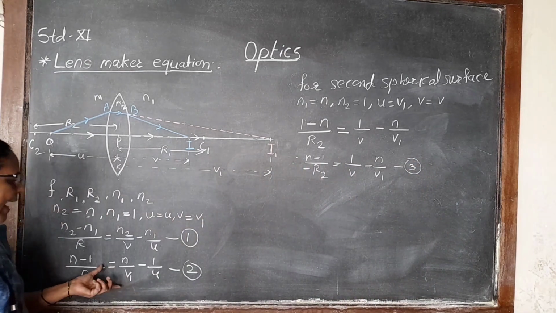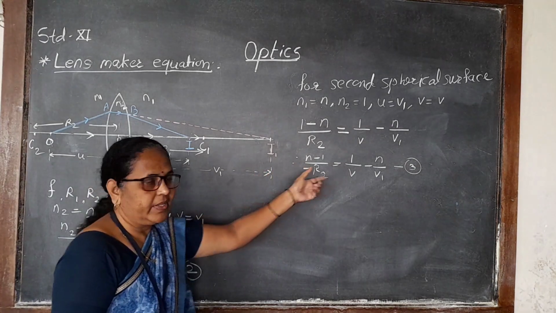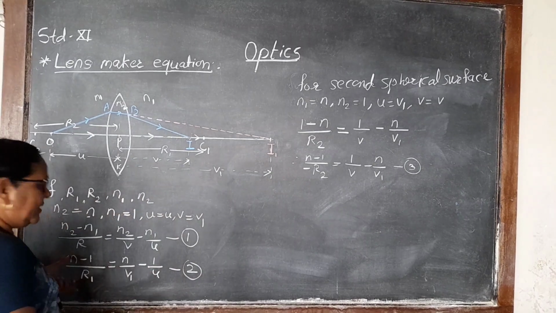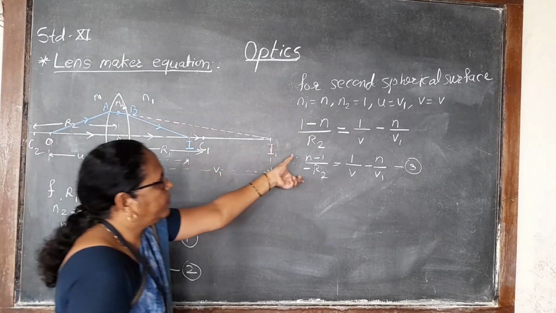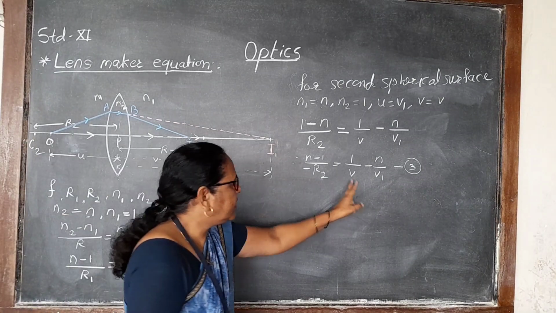Now just add equation number 2 and 3. So the left hand side will get added to this left hand side and RHS will get added to this RHS.